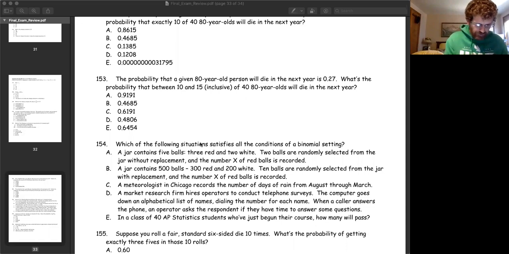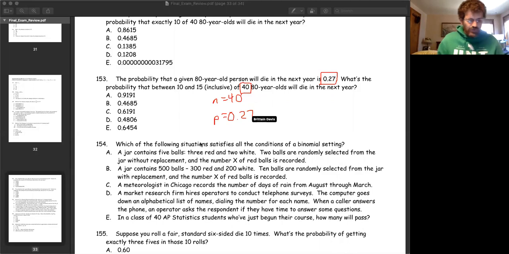What we've got is a set number of trials, so n is equal to 40. The probability of a success is 0.27. We haven't done a question quite like this one, but it really isn't a big stretch from what we know. We would normally say something like, what's the probability of 15 or less? So my x value that I'm interested in is 15, and I want a cumulative frequency.